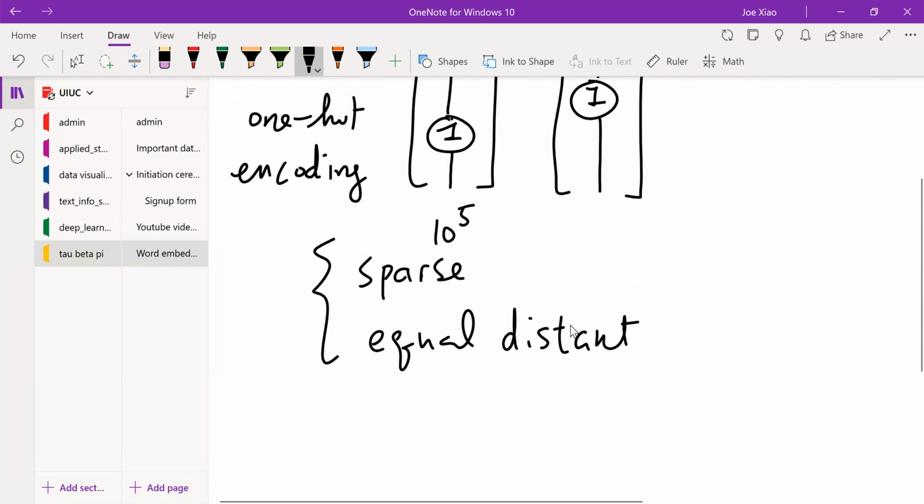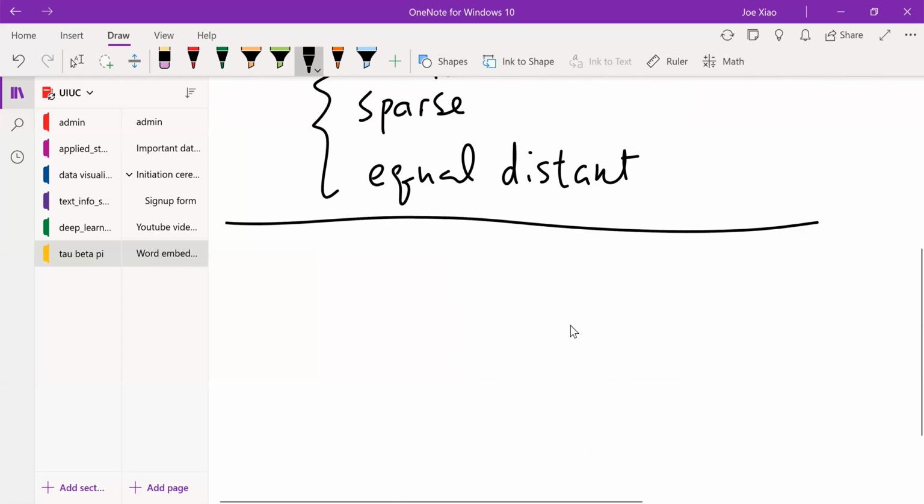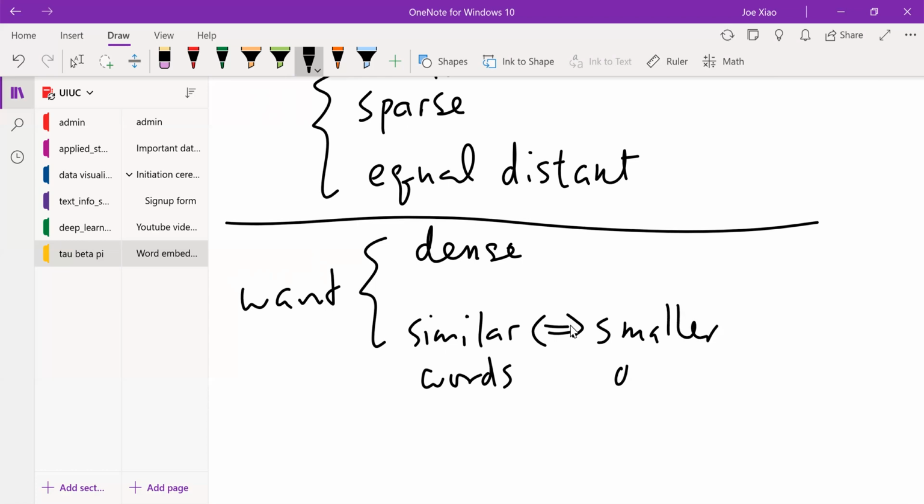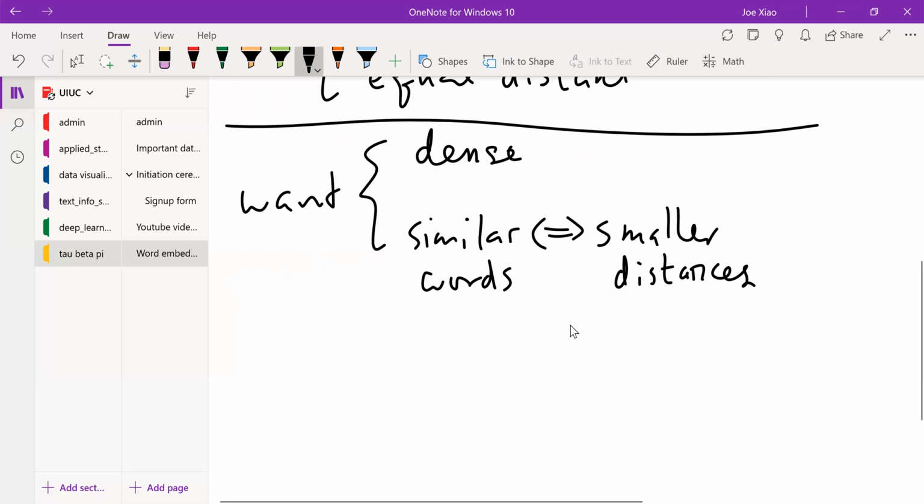What we want instead is a representation that's dense, meaning that information is condensed and concise. There isn't a lot of useless information in the representation, and we want similar words to have smaller distances between them if we're representing them as vectors in this vector representation.